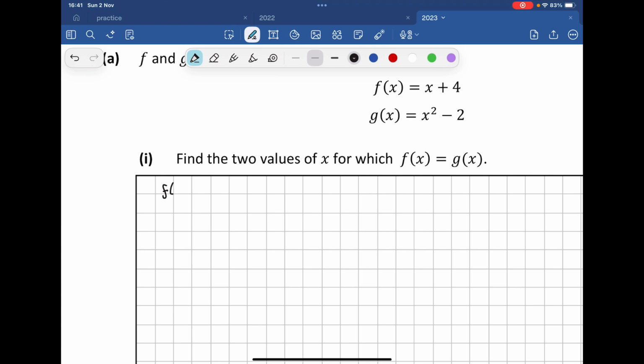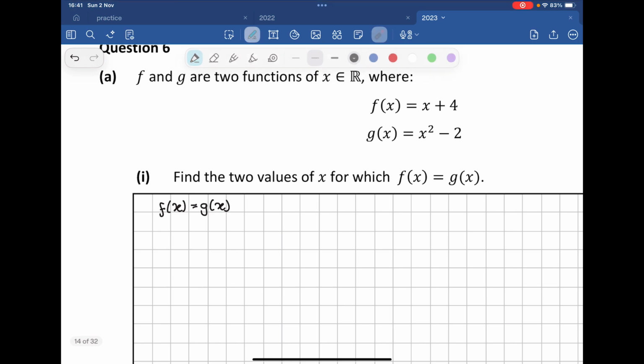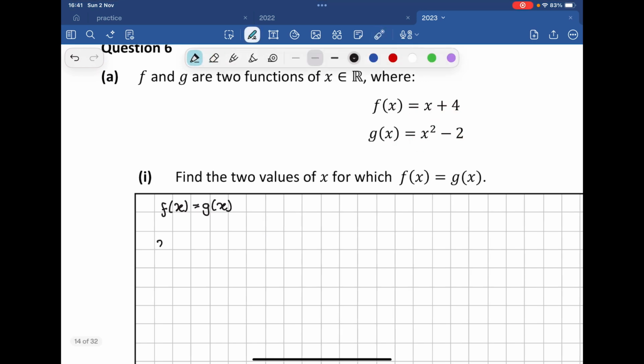F of x is equal to g of x, which essentially is telling us to have these two functions here equal to each other. That's going to be x plus 4 is equal to x squared minus 2. To find our x values, we want to let this function equal to 0.